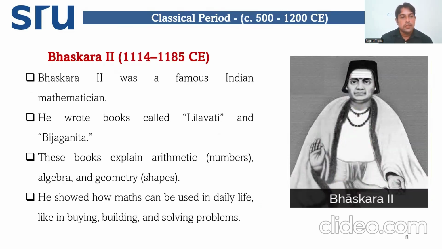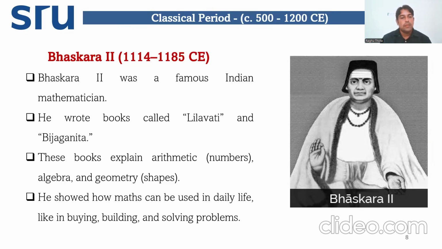What are the contributions of Bhaskara II, who belongs to 1114 to 1185 CE? Bhaskara II was a famous Indian mathematician who wrote the famous books called Leelavati and Bijaganita. These books explained arithmetical problems or numbers, algebra, and geometry.